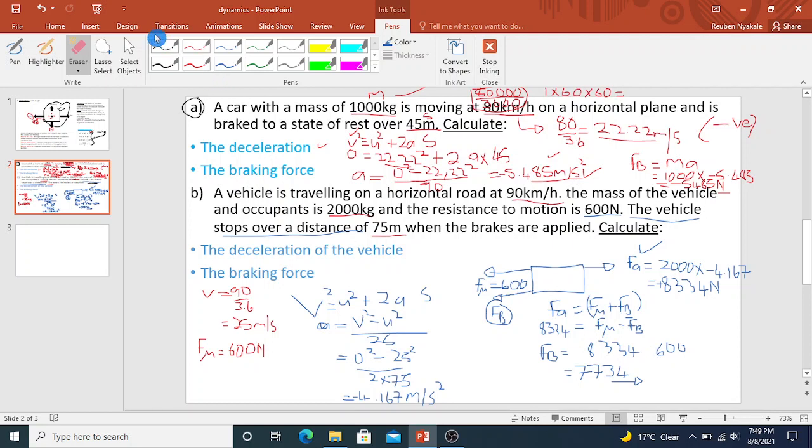It doesn't matter how you look at it. Here it was going to be positive, because we've used the force applied as a positive. Now it is 8,344. Frictional force is 600. When you're transposing it to the other side, the sign will change. It will be minus. Then it will give you your answer as 7,700.